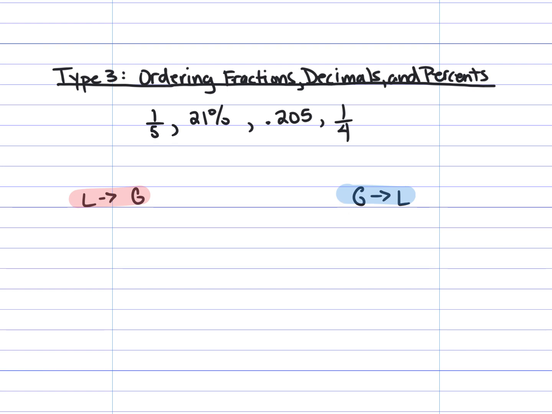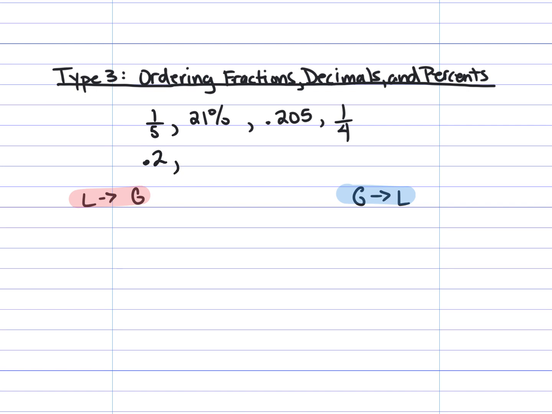Now, I know from the previous video that to convert a fraction to a decimal, all I have to do is divide, because fractions are just division problems. I know that 5 goes into 1 by using my calculator 0.2 times. So this is 0.2. 21%.